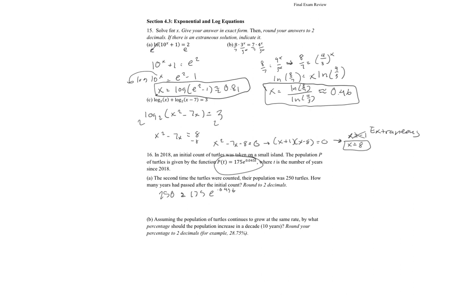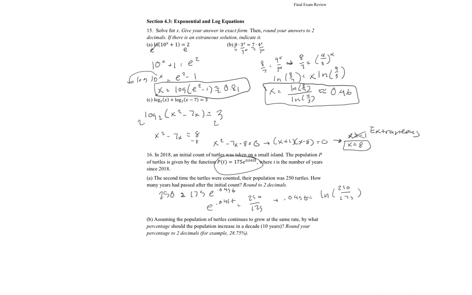And so then if we're trying to get t by itself, we can divide by 175 and then take the natural log. So if I write that out, that's going to be e to the 0.045t is equal to 250 over 175. And then we can take the natural log of both sides to get rid of that e. And so then that's going to be 0.045t is equal to natural log of 250 over 175.